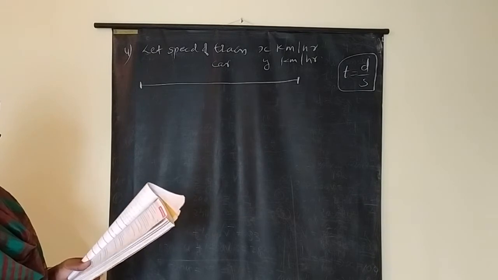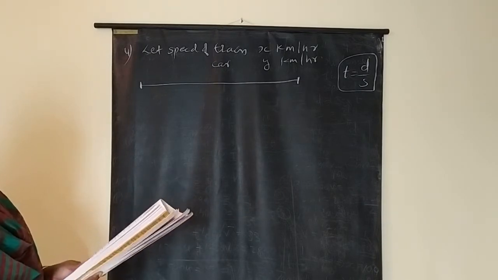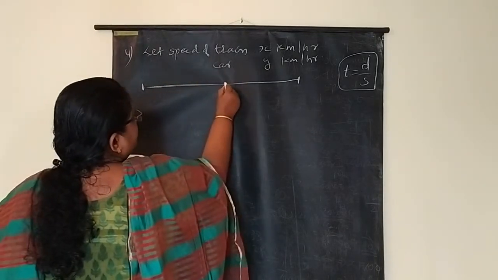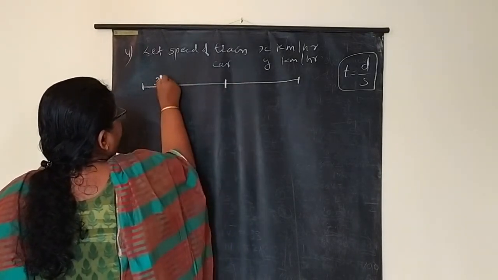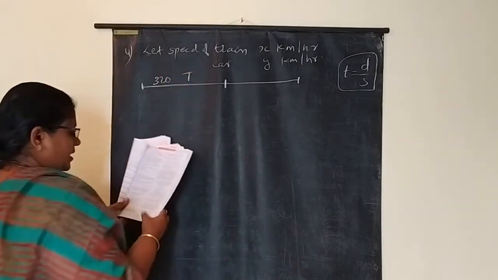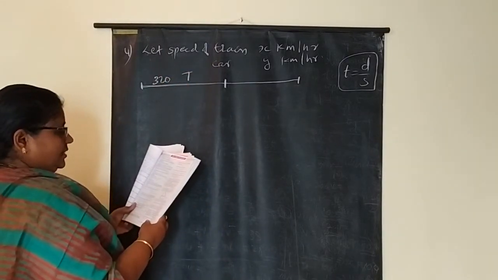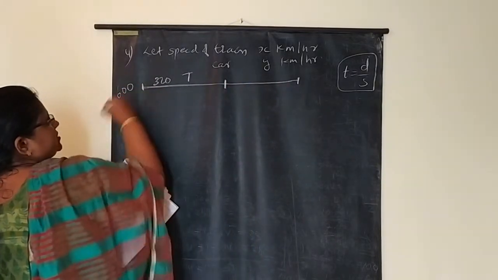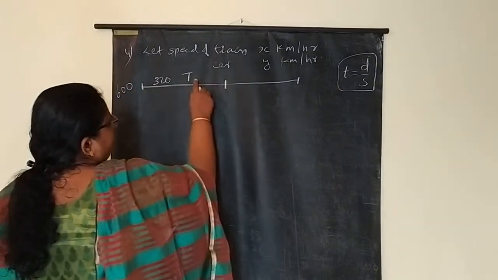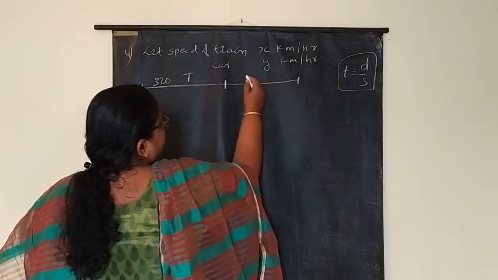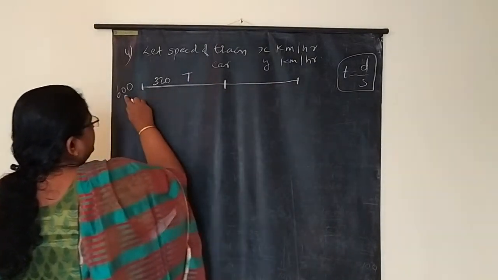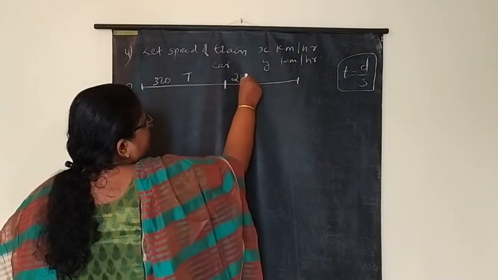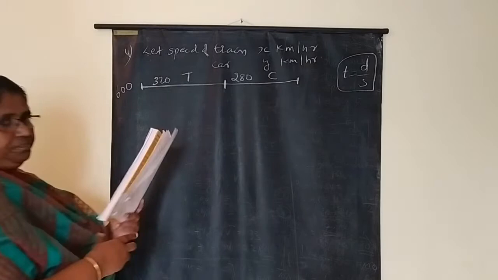In first case, if he travels 320 km by train, so 320 up to here by train and the rest by car. What is the total distance? Total distance is 600. 320 by train and the rest by car means what is that rest? 600 minus 320, that is 280 by car.